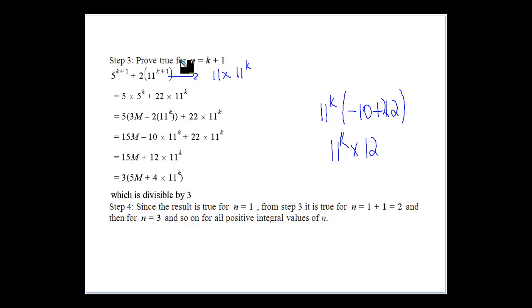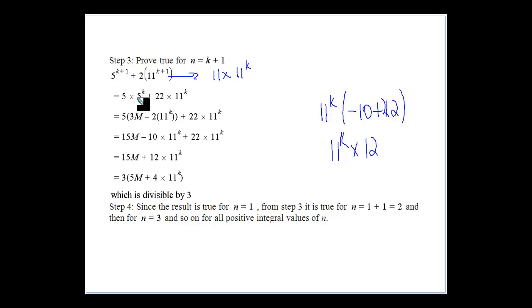So what we want to do is prove it's true for n equal to k plus 1. So we've got 5 to the power of k plus 1 plus 2 lots of 11 to the power of k plus 1. Remember, 11 to the power of k plus 1 is 11 times 11 to the power of k, which gives us 22 times 11 to the power of k, and we're going to have 5 times 5 to the power of k.